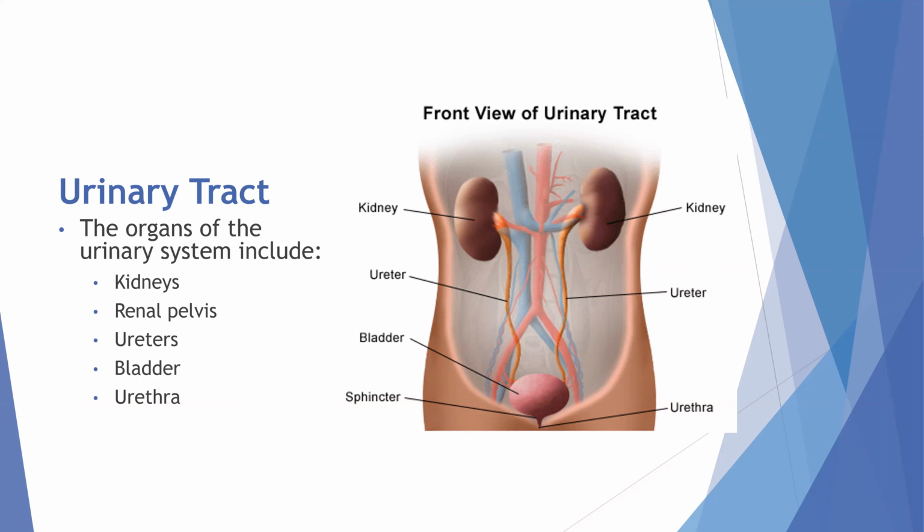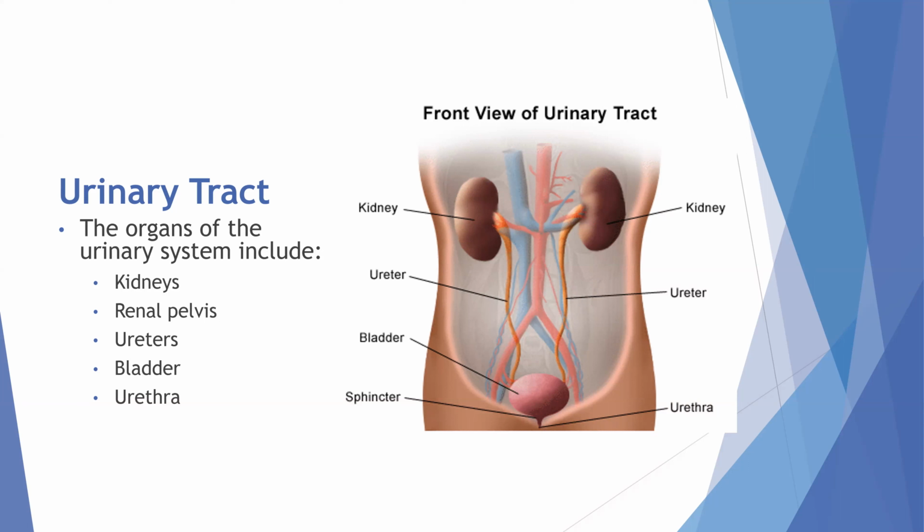The urinary tract system, as mentioned, consists of the kidneys, which are the small bean-shaped organs on the back of the body, located above the hips. Most people have two. They help filter water and waste products from the blood, which then turns into urine. The ureters are those thin tubes that carry urine from the kidneys down to the bladder.